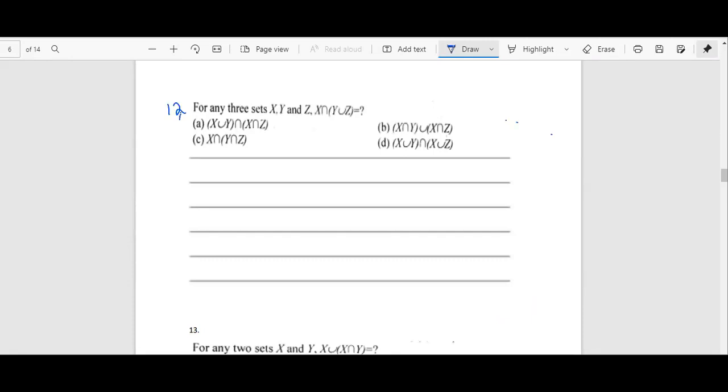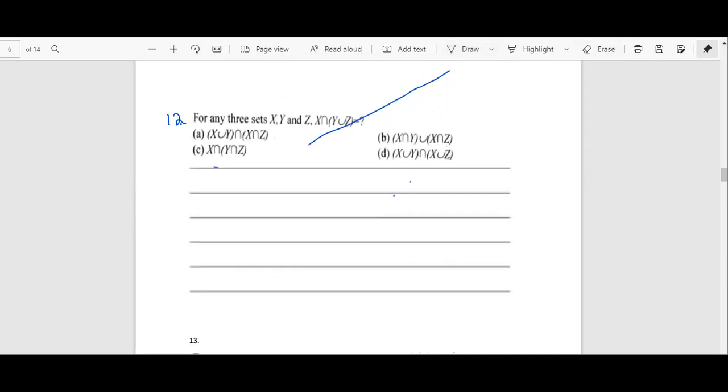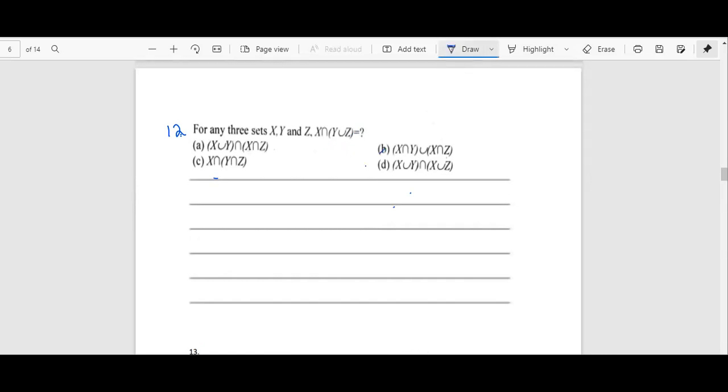For any set X, Y, and Z, X intersection Y union Z. Now we basically are going to define this set where we have X intersection with Y union Z. So here we have X intersection Y union Z.